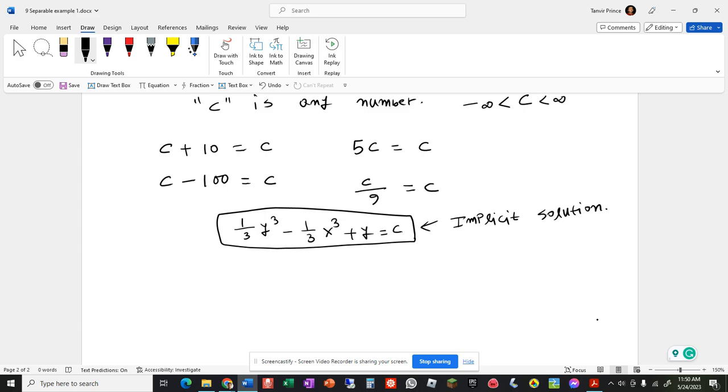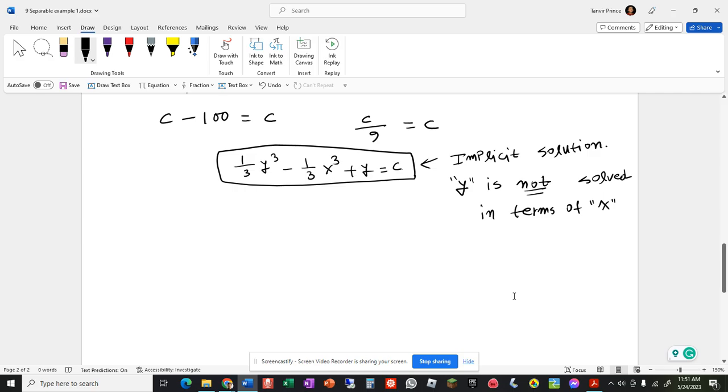So implicit solution means y is not solved in terms of x. So y and x are mixed together in one equation. That's called an implicit equation. And if y is indeed solved in terms of x, then that is called an explicit equation.